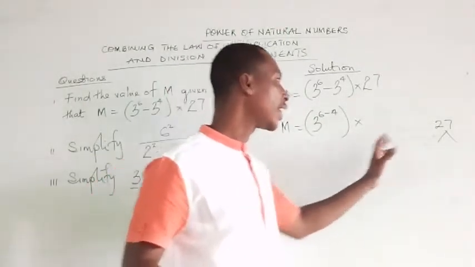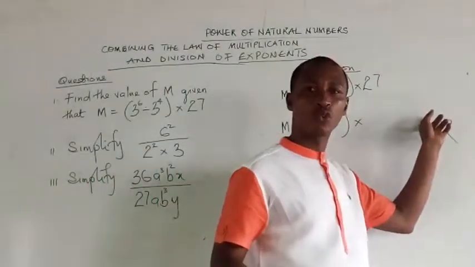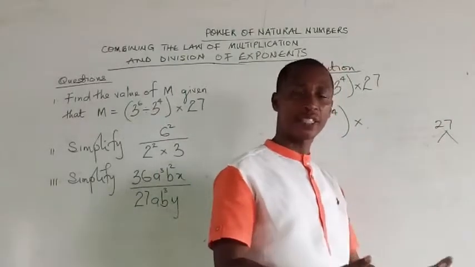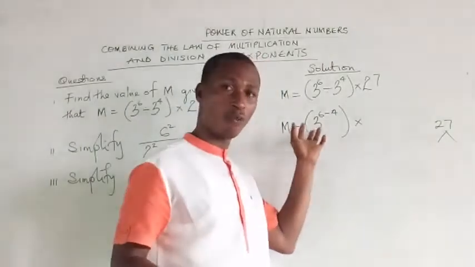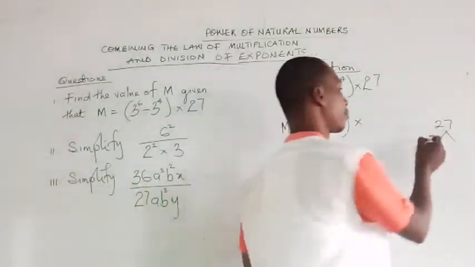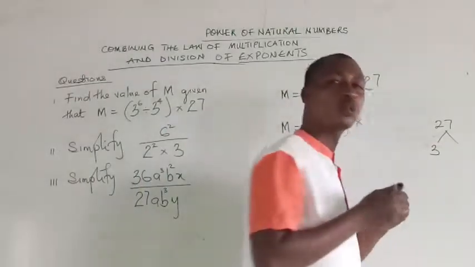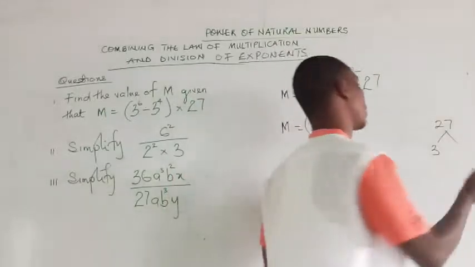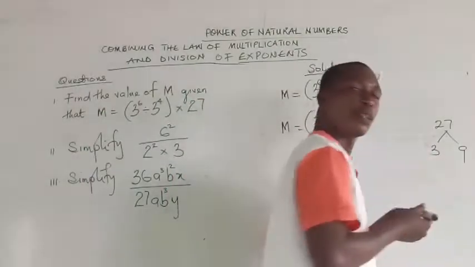So it means that the first figure I will try to use to divide the 27 to change it to a power and a base, I will try and see if it can conform with 3. So I first choose 3. 3 goes into 27. 3 times what number will give me 27? 9. Good.